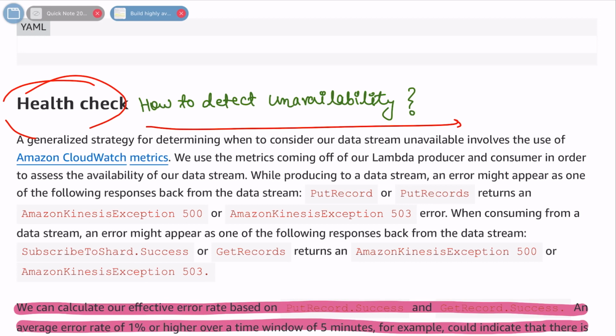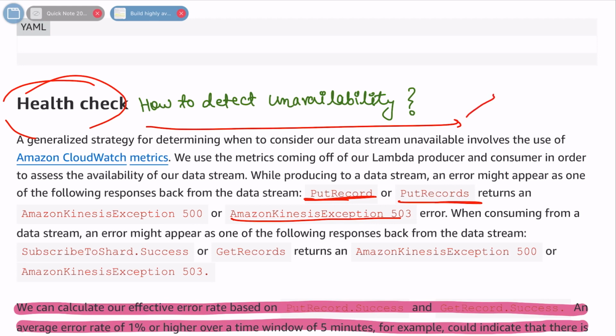You can detect that by using the CloudWatch metrics, health check metrics. Okay, so let's say you are putting the records into the Kinesis data stream and those records are not successful, the PutRecords API is not successful, so you will get some kind of exception, right? 500 exception, internal server exception, that there is some issue with the Amazon Kinesis data stream and you should retry.